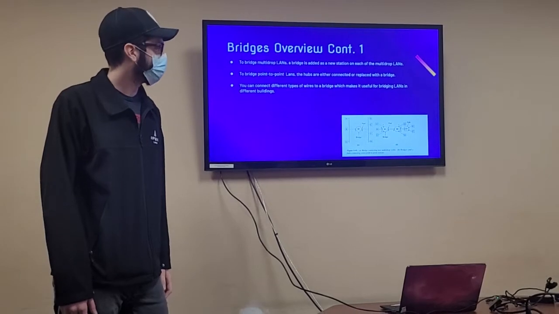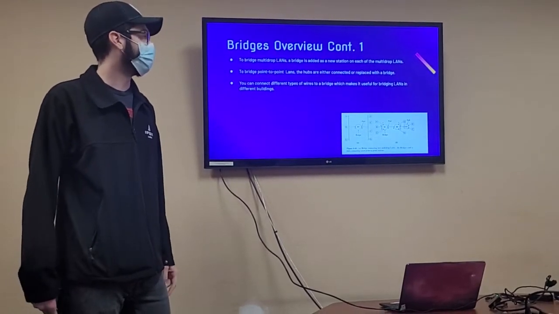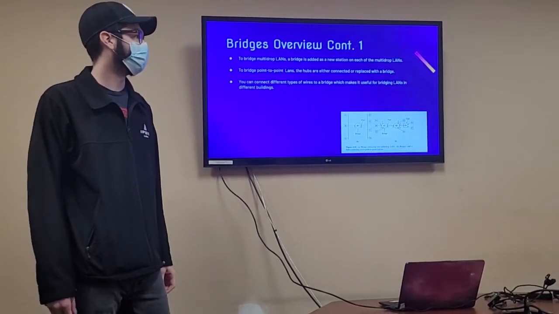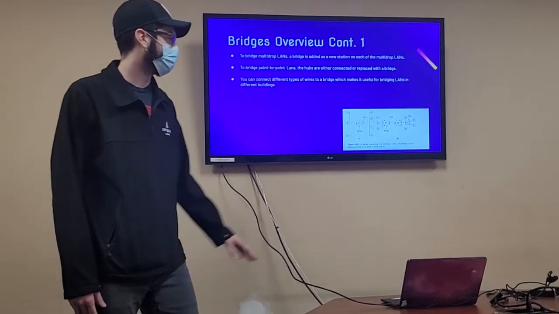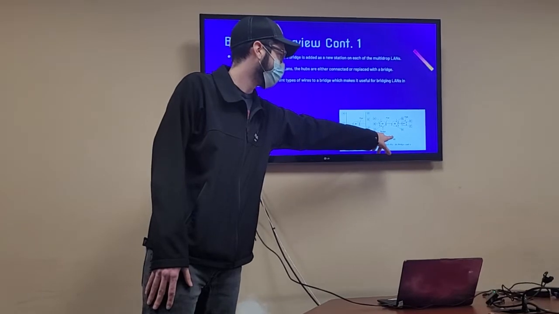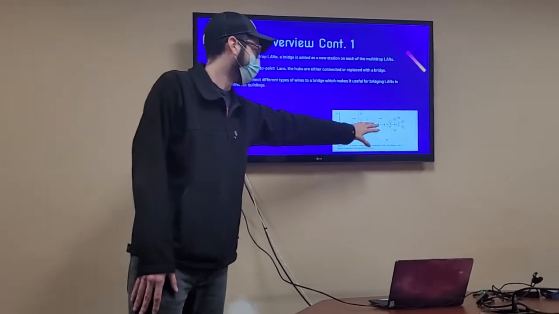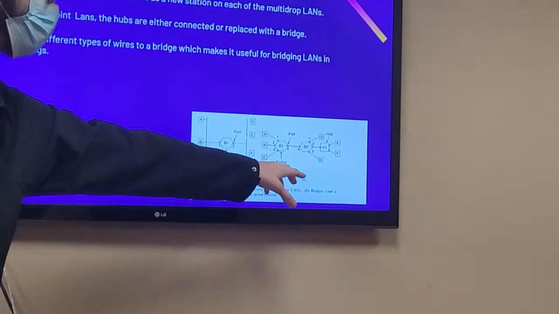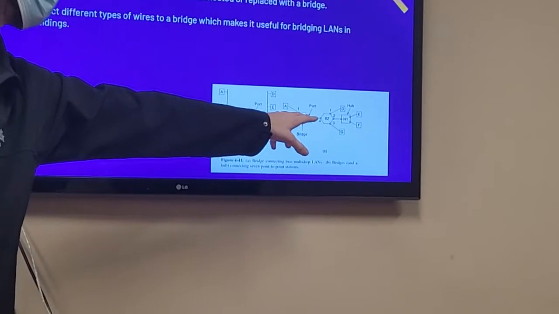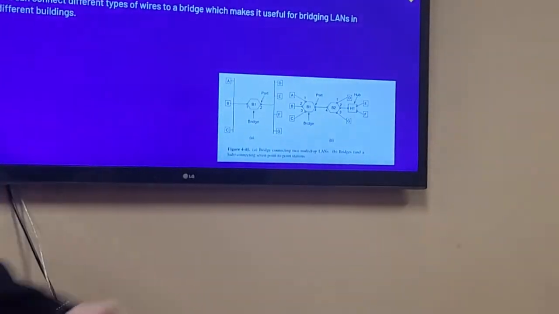You can connect different types of wires to a bridge, which makes it more useful for bridging LANs into different buildings, which would be this second example right here, where they would have one bridge in one building and another bridge in a different building, and they would use a long wire with this port in between.